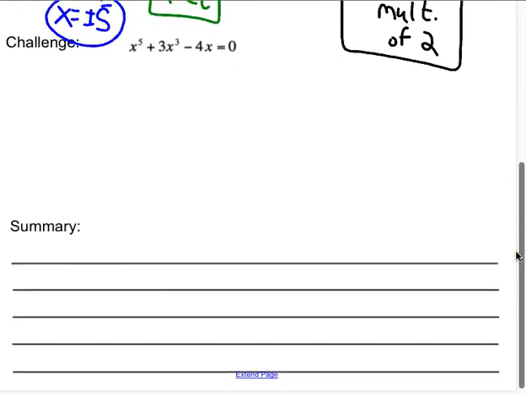All right, and let's take a look at this one. So this is a challenge problem because the first thing you should notice is actually an x pulls out.